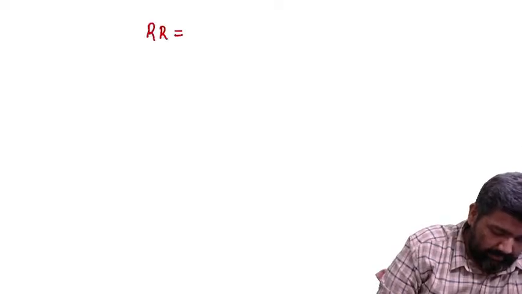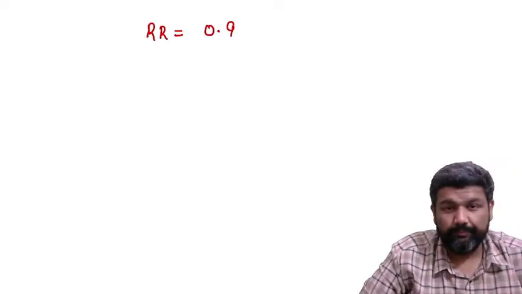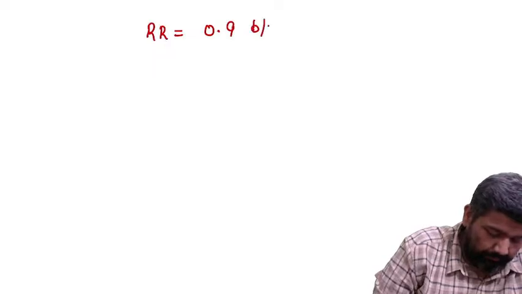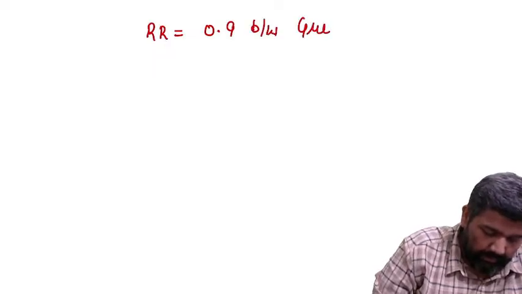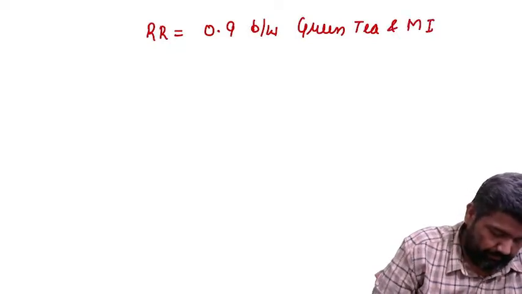Okay, open question. This question is to all of you. Let us see who will give the answer first. My first question is, relative risk is 0.9 between green tea and myocardial infarction.